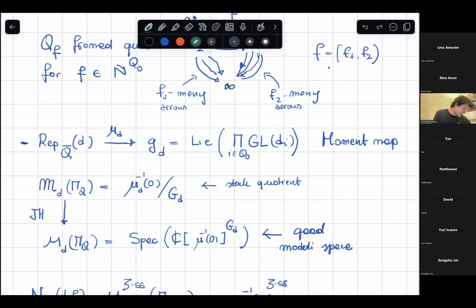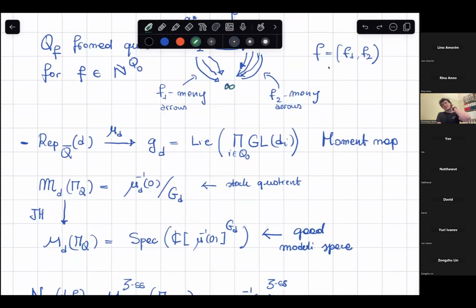As soon as we are given this data, we can consider the stack quotient of the zero locus of the moment map modulo the automorphisms of my representations. This gives rise to the modular stack of representations of the preprojective algebra of the quiver.